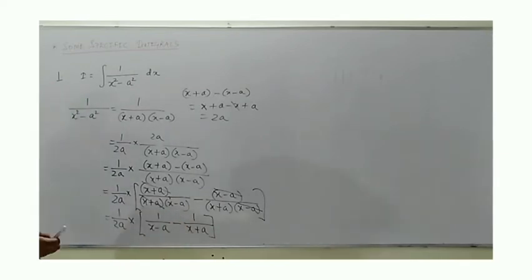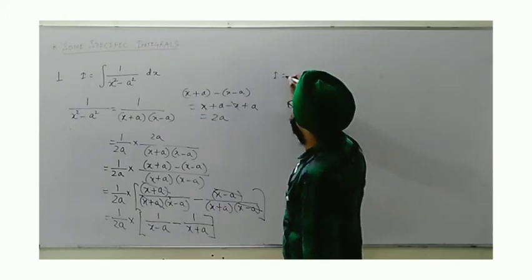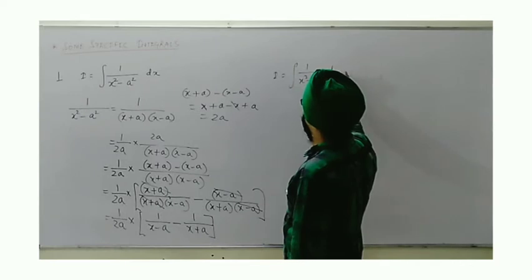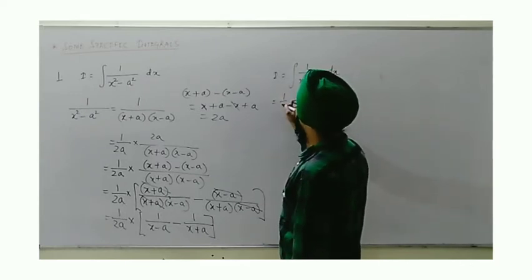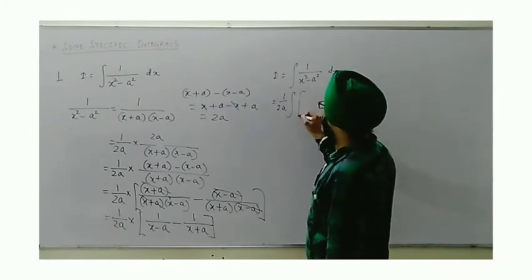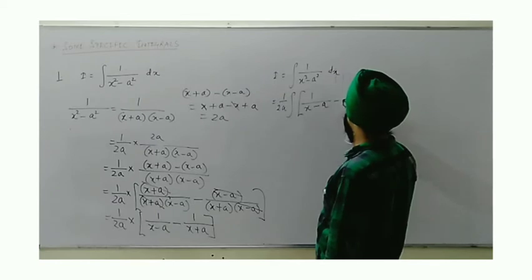So the given integral, 1 upon x square minus a square dx, will be written as 1 upon 2a into 1 upon x minus a minus 1 upon x plus a dx.